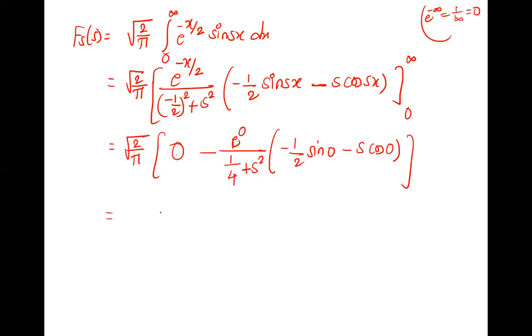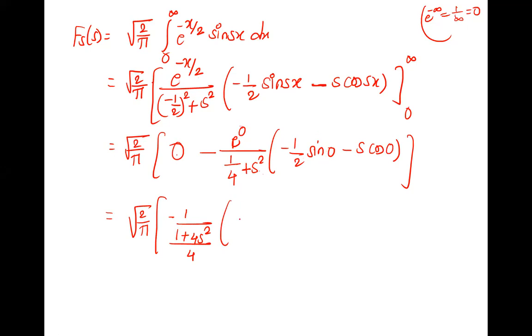So you're solving now root 2 by pi into e raised to 0 is 1. So minus is there, 1 upon, just cross multiply this, 4 plus s square, so 1 plus 4s square whole upon 4, into sine 0 is 0.